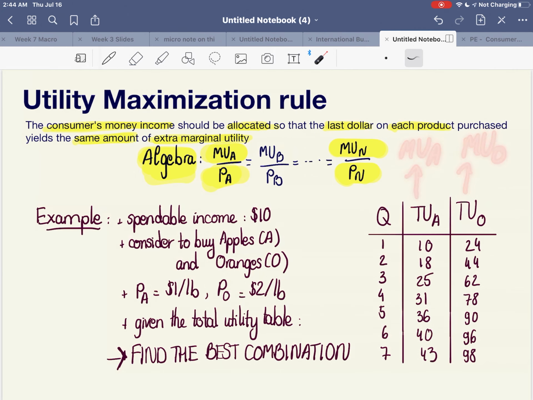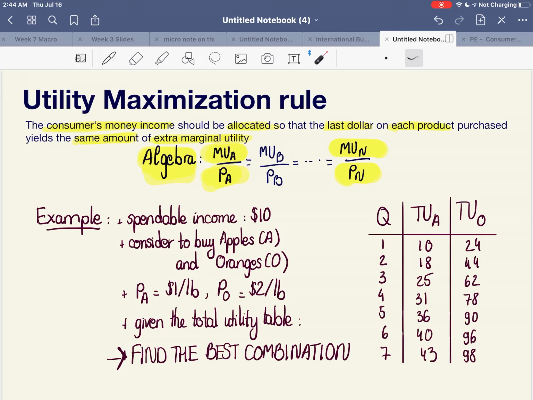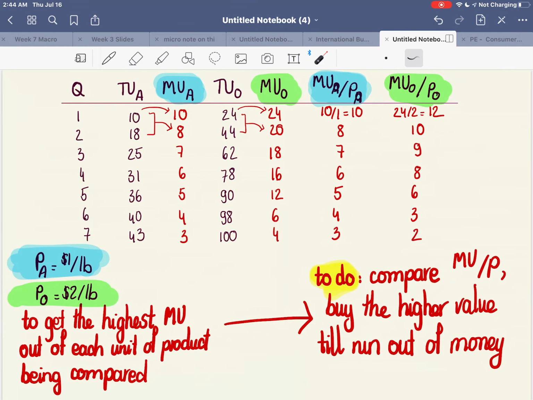Marginal utility is, by definition, the change in utility from an increase in the consumption of a good or service. So the first unit's marginal utility for apples is 10, because before the first unit, your total utility for apples is 0. The second unit's marginal utility for apples is 18 minus 10 equals 8. Similarly, you can calculate the rest of the marginal utility for apples and oranges.